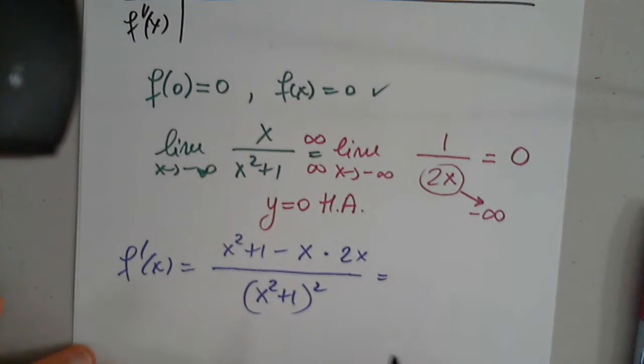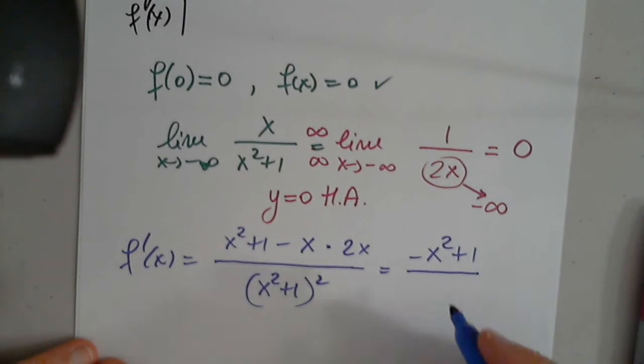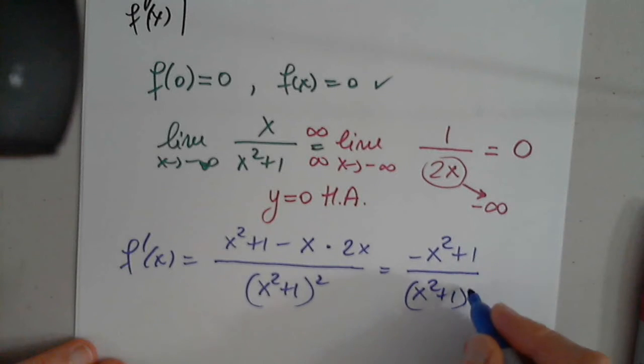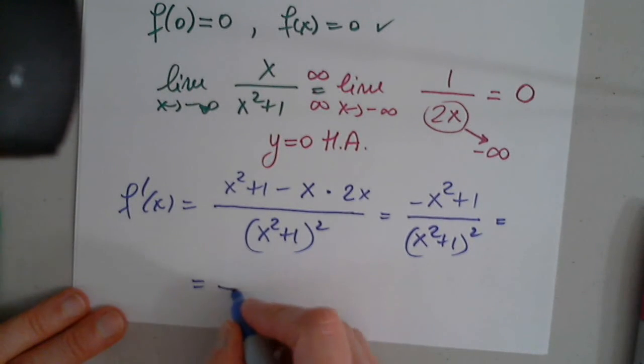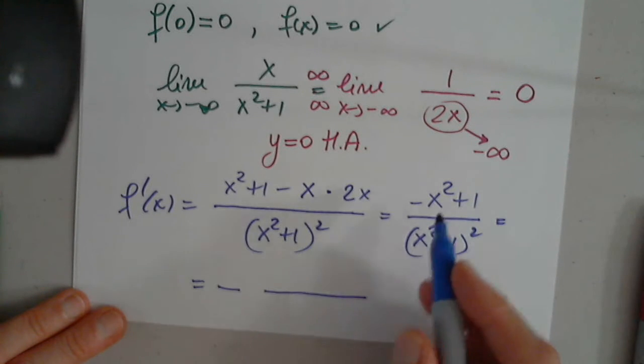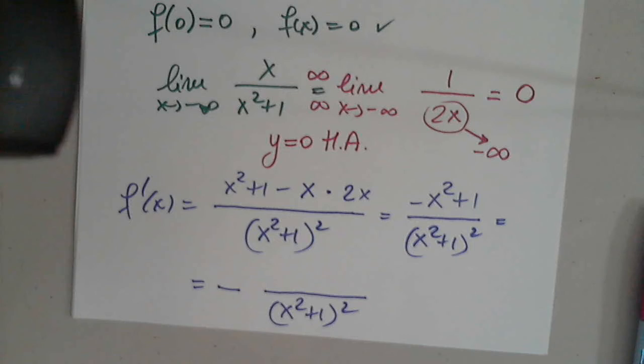Very good. So then we have x squared plus 1 minus 2x squared, which is negative x squared plus 1 over x squared plus 1 squared. Yes, we have to run a clean ship, and you have to give me how you factor the numerator. We refuse to work with negative leading coefficients, and they have to come out.